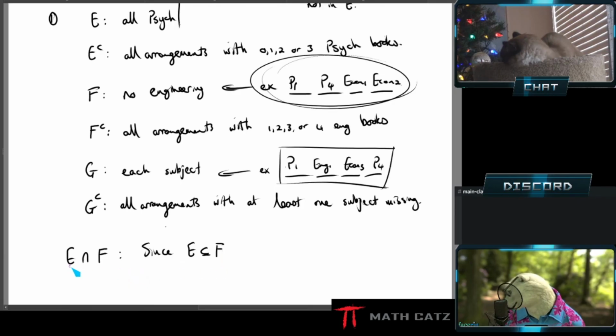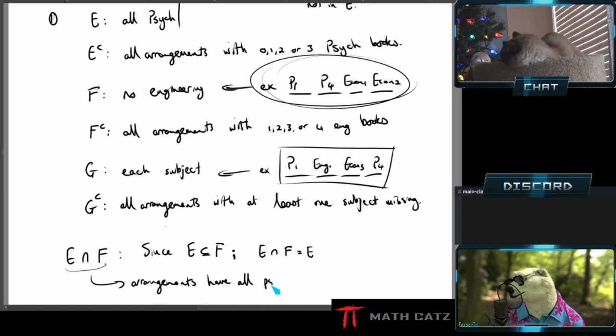And I know that if I take the intersection of two sets, one being a subset of the other, then the intersection is just the smaller one. Meaning that this is the same arrangements, requirement that the arrangements have all psychology books.